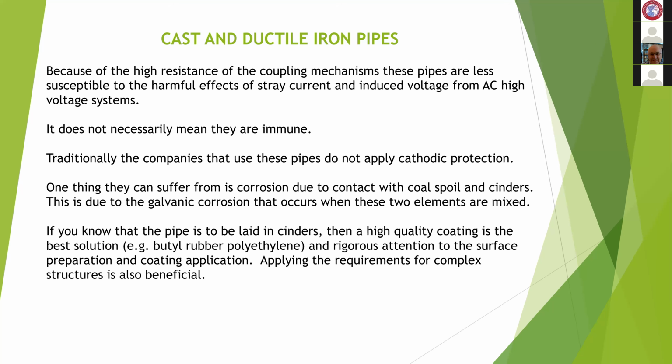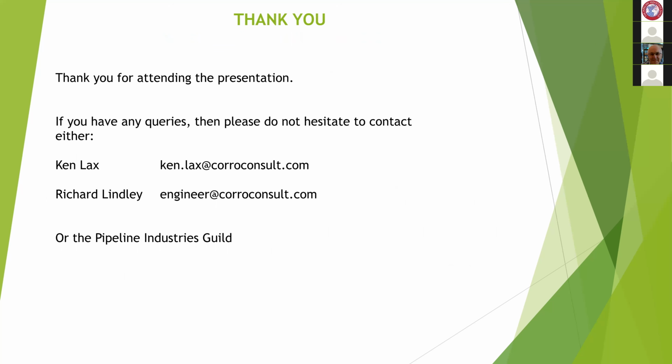And the best way is to put on a good butyl rubber polyethylene coating, and also apply the requirements for complex structures, which are much easier to do, because in complex structures, instead of depressing the pipe to a negative value between -1.2 and -0.85, we actually apply a voltage to the soil, and we raise the soil potential, so it has the net effect of lowering the pipe potential. But that's perhaps a story for another day.